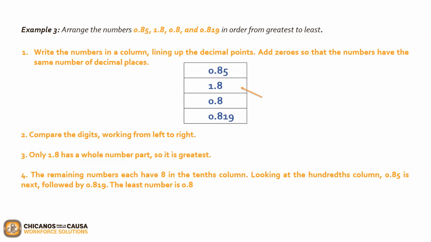Now 0.82 is still smaller than 0.85. Therefore, our final answer by arranging the numbers from greatest to least is 1.8, 0.85, 0.819, and finally 0.8.